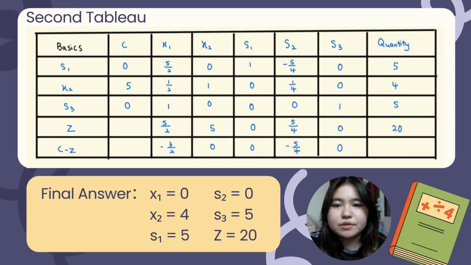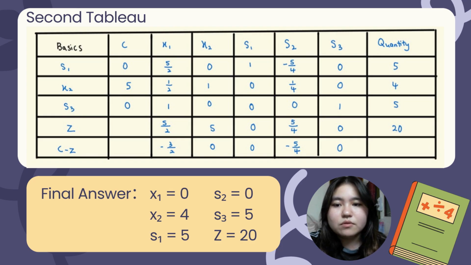Z equals 5 multiplied by 1 over 2, which is 5 over 2, and z equals 5 multiplied by 1, which is 5. Then, I calculate the C minus Z row. For x1, 1 minus 5 over 2 equals negative 3 over 2. For x2, 5 minus 5 equals 0.